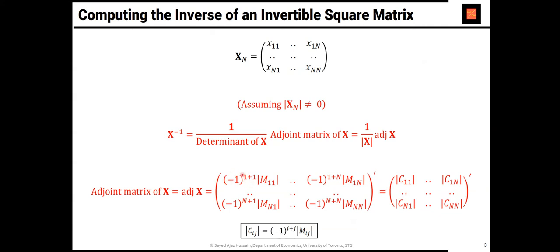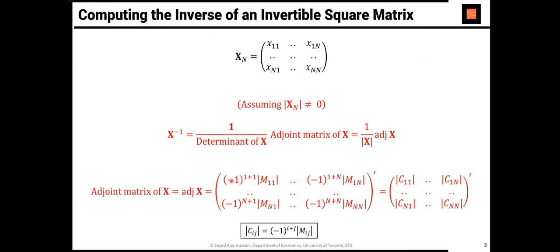The way we did this was by realizing that if this element was 1,1, first row, first column, 1 plus 1 adds up to 2, an even number, so it would be a plus. So all even-numbered locations, when you add the subscripts, are plus, others are minuses.